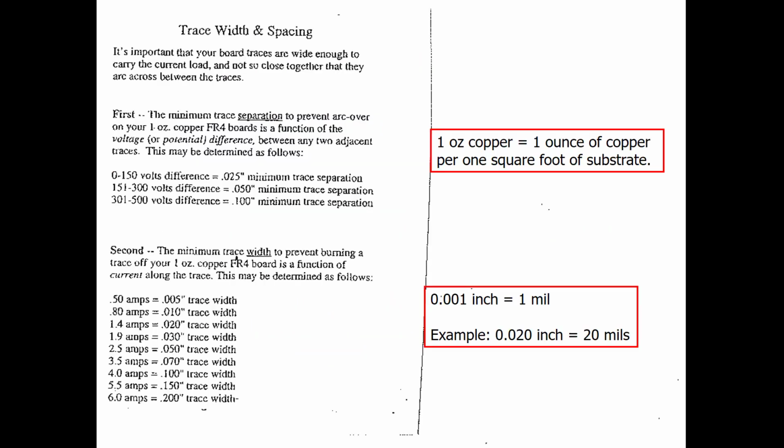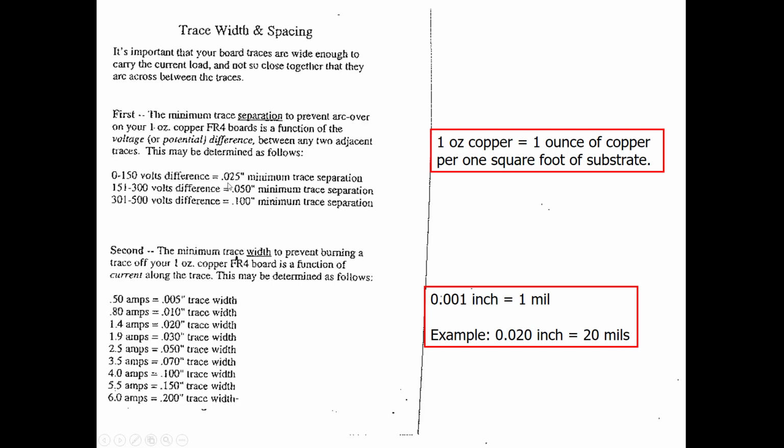Okay, here's some data for an FR4 board that has 1 ounce of copper. What 1 ounce of copper means is that that's the amount of copper per 1 square foot of substrate. Again, I have down here a mil is a thousandth of an inch. So this data shows for this particular board, what kind of voltage you can have between the traces and not have to worry about arcing, for a particular separation.